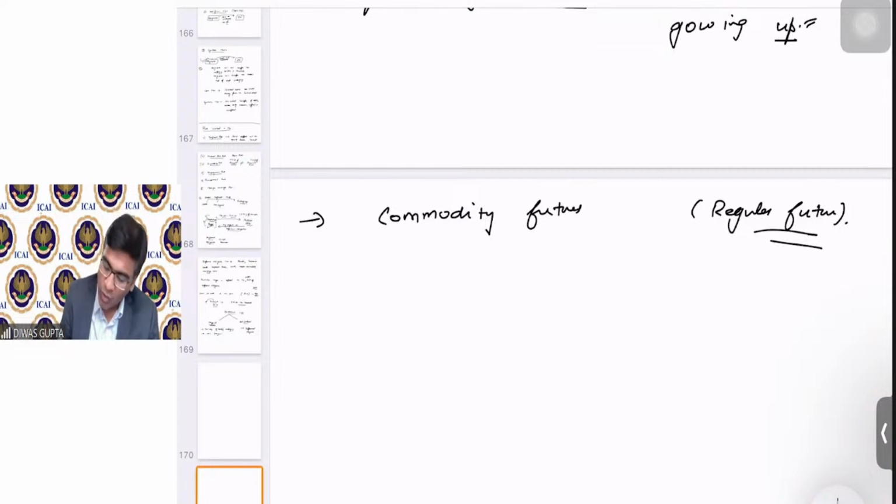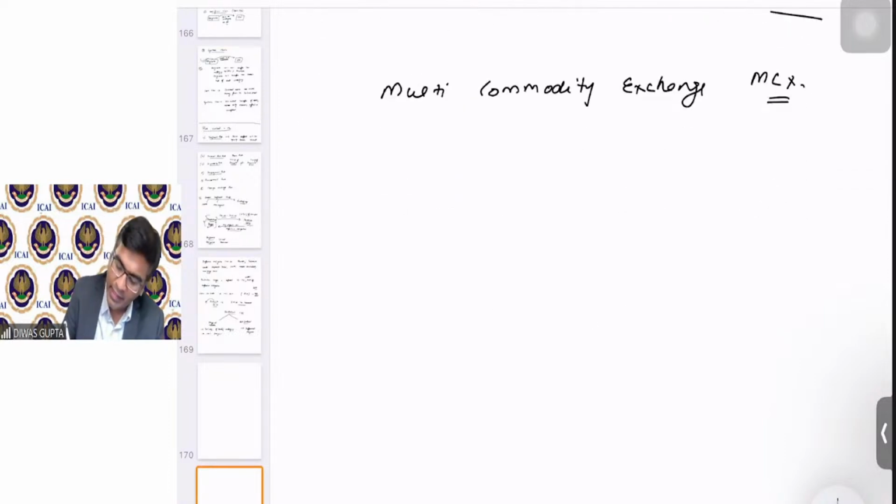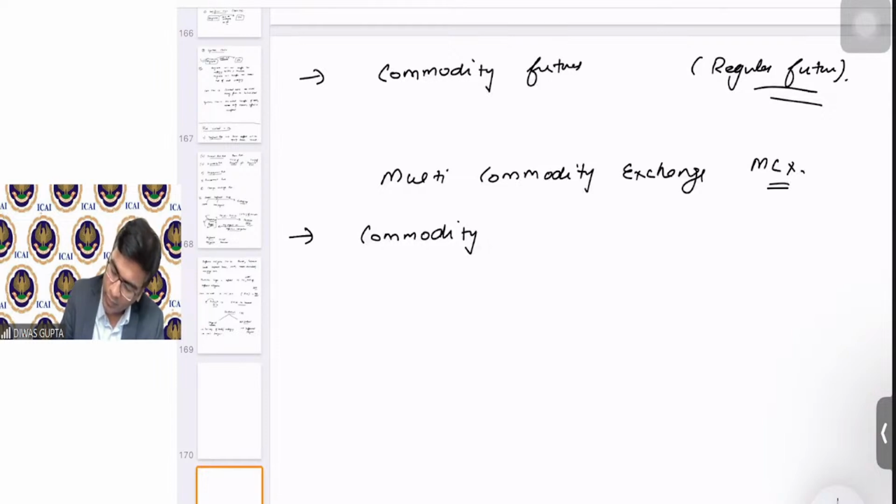And the exchange that deals with commodity prices is the Multi Commodity Exchange. This is also called MCX, students. Then the second type of commodity derivatives are commodity swaps.